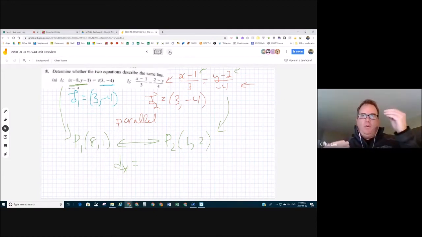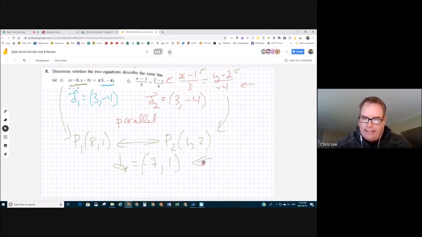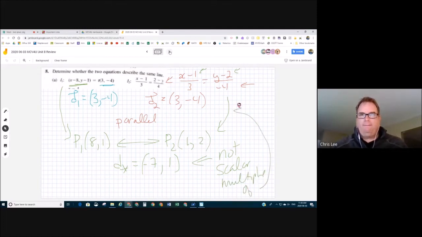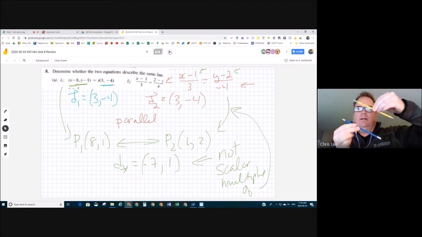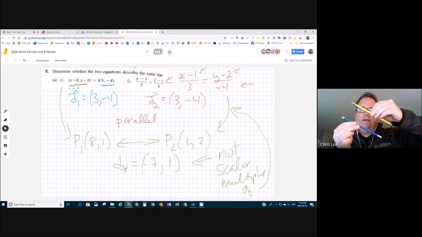So I've taken these two points and I want to find the direction vector between them, so I'm going to subtract them, the second one minus the first. That's 1 minus 8, which is -7, and 2 minus 1, which is 1. This D star is not a scalar multiple of our other direction vectors. That means it must be two separate lines, because the vector from a point on one line to a point on the other is different from the lines' own direction vectors.